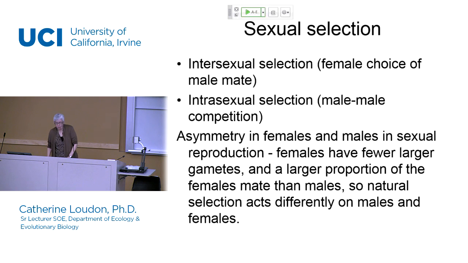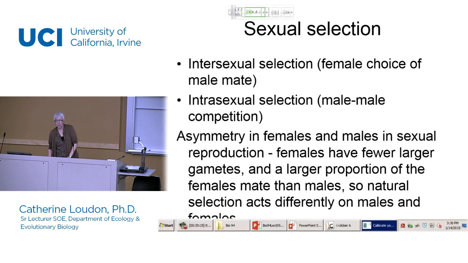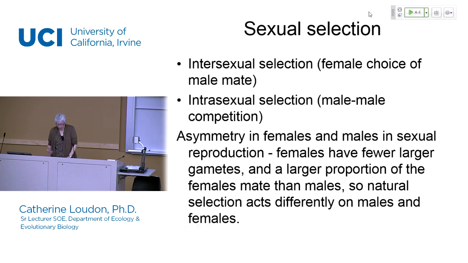Sexual selection is a little bit more complicated because the kinds of phenomena that one sees that can be described as sexual selection fall in a couple of different categories as shown here. So the two most common patterns that are seen are that there is choice made by females in terms of which male they're going to mate with. This is sometimes referred to as intersexual selection because it involves both sexes, both males and females, because females are choosing males.